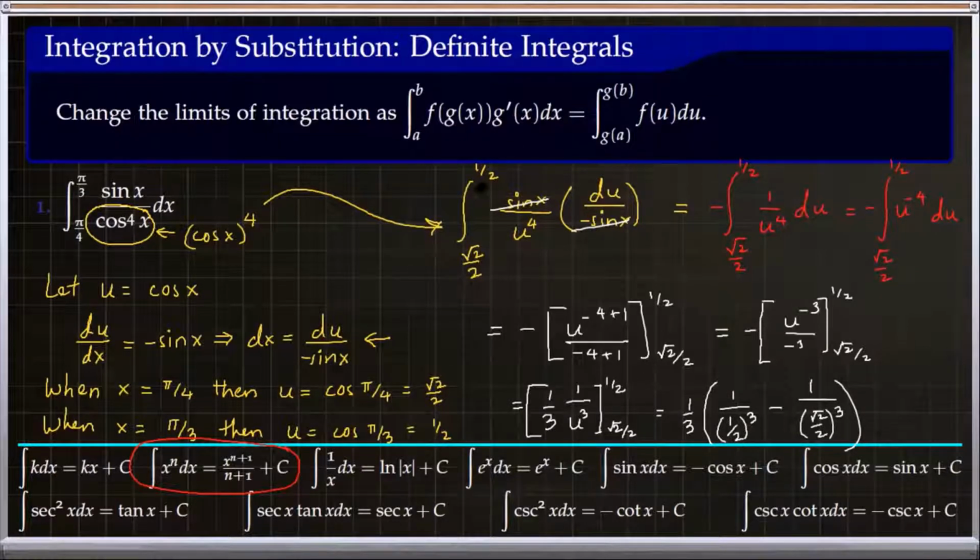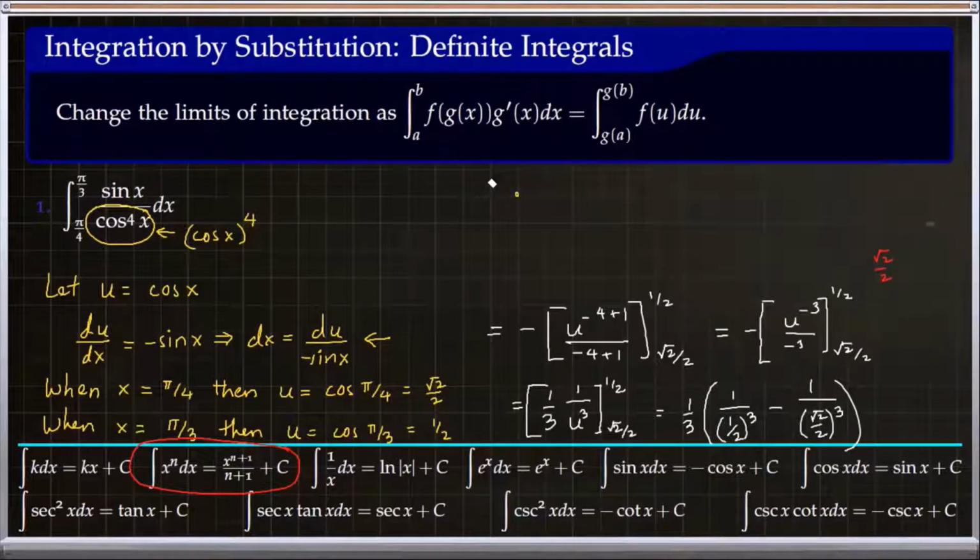I'm going to erase this part on the top so that we have some space. So we get 1/3 in the front and 1 over 1/2 cubed. That would be 1 over 1 by 8 minus 1 over root 2 over 2 cubed. So root 2 cubed will be 2 square root of 2, because root 2 squared is 2, and then we have root 2. So that divided by 8.